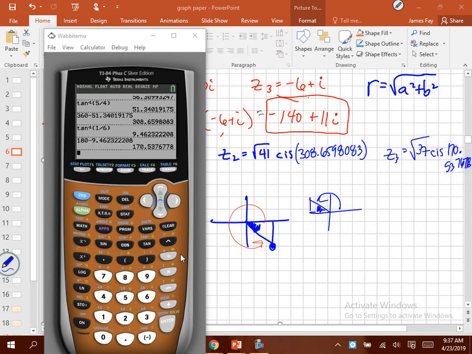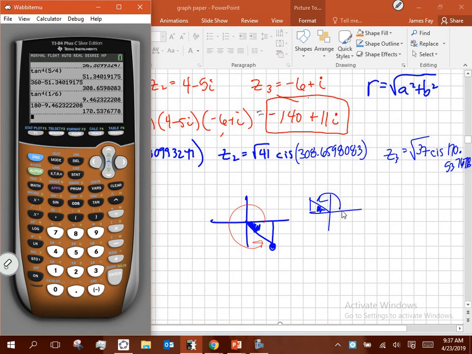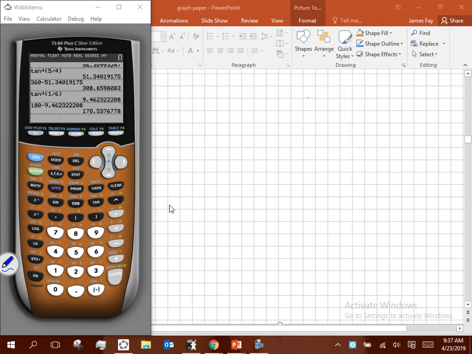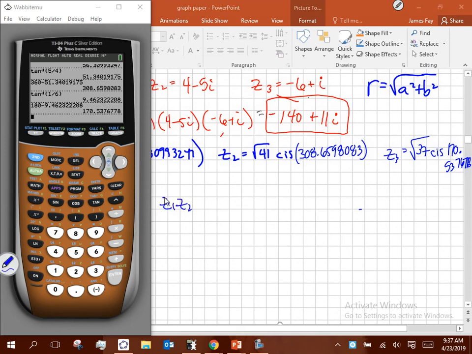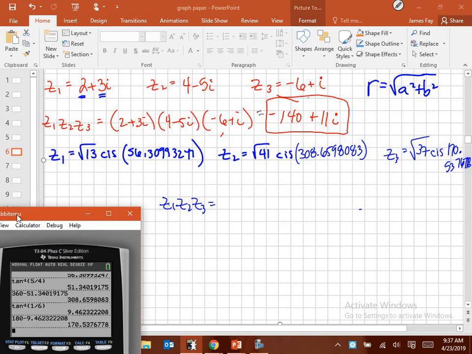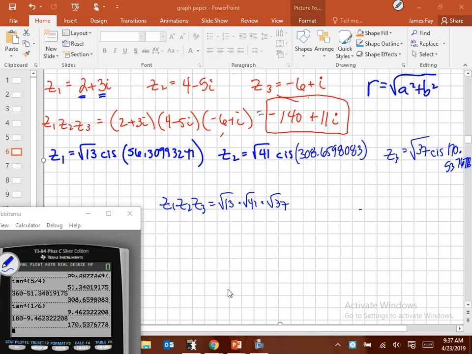Okay. Now, if I wanted to figure out what Z1, Z2, Z3 is, it's going to be the radii of each one of those multiplied together. So radical 13 times radical 41 times radical 37. Are those all prime numbers? So that's kind of a nice thing, I believe. And we go cis then. We're going to add all those angles up.